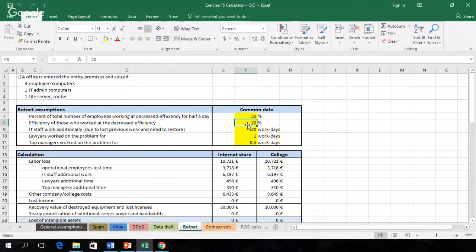As a result of this action, the IT department lost or had additional work for the number of workdays in cell F9. The same applies for the lawyers and the top management, as in cell F10.